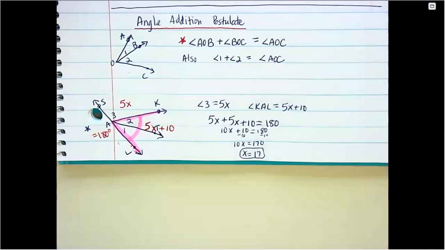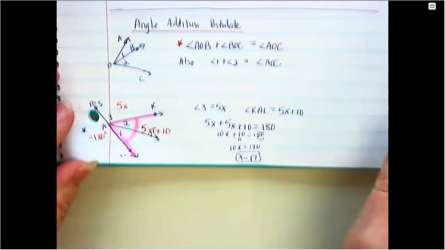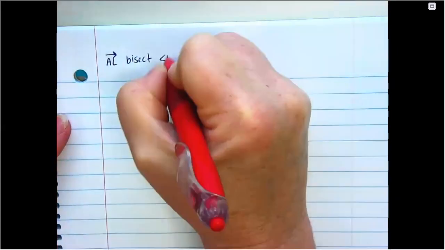Let's do one more example that's very close to the assignment as well. Above that section of your assignment, it's going to be in bold letters, okay, that AL, ray AL, is going to bisect, I think it's in different order, but angle KAT. You may say KAL, but that's because my letters are a little different.